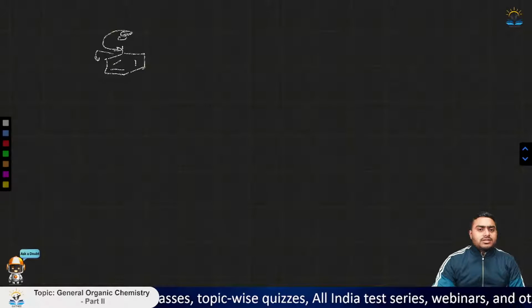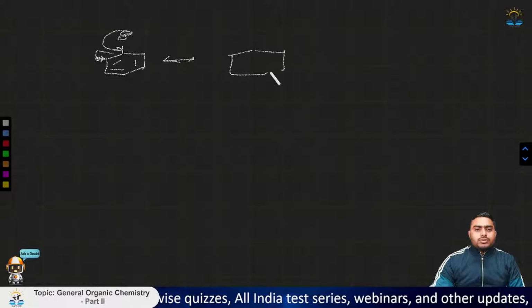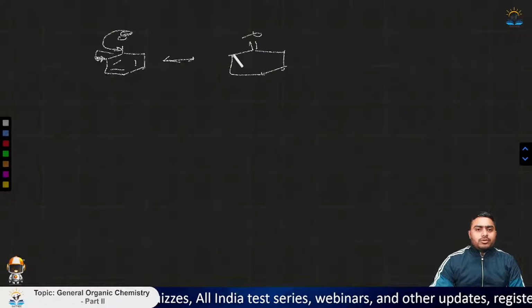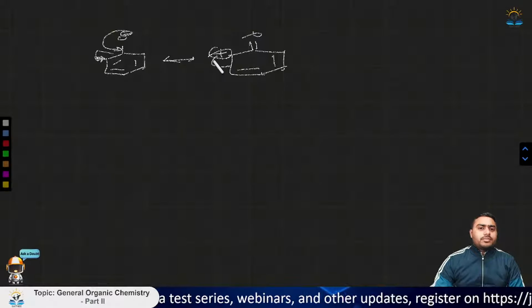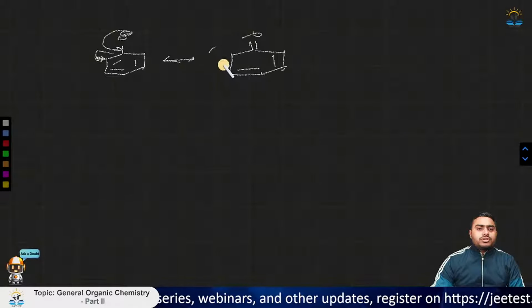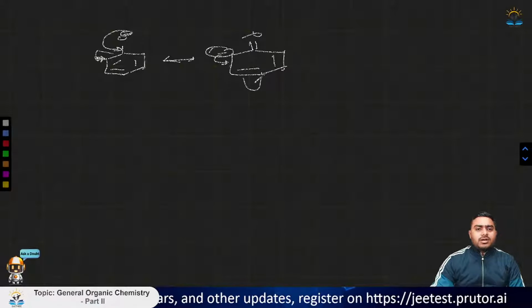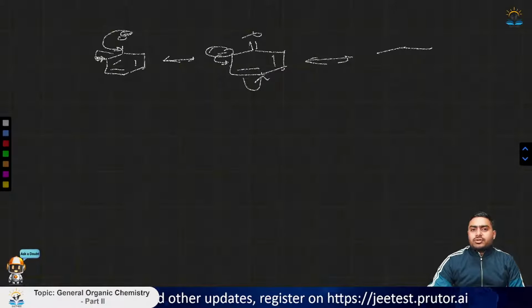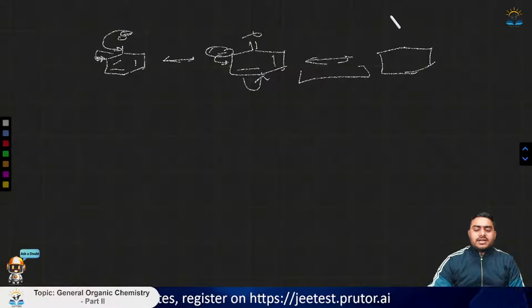This is the electronic displacement. There will be a double bond, the bond comes here, and the charge should be negative, like this. This is the resonance, and it is represented by a double-sided arrow.